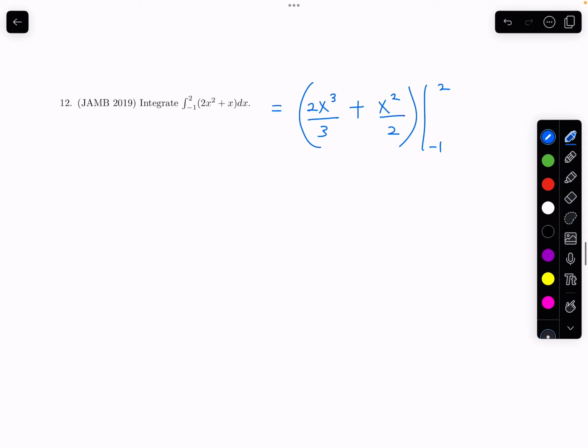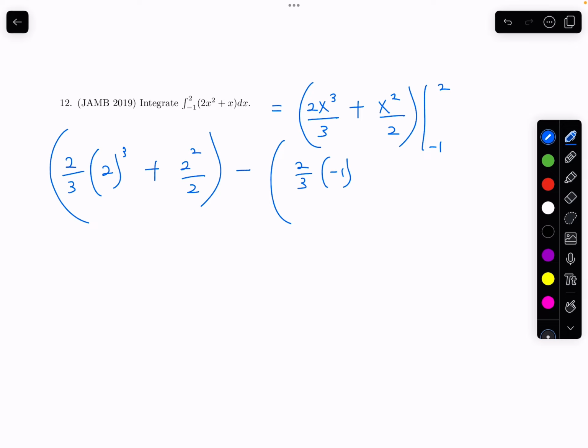So I'm going to plug in 2 first. I have 2 over 3 times 2 cubed, plus 2 squared over 2. Then minus, I'm going to plug in -1: 2/3 times -1 cubed plus -1 squared over 2.